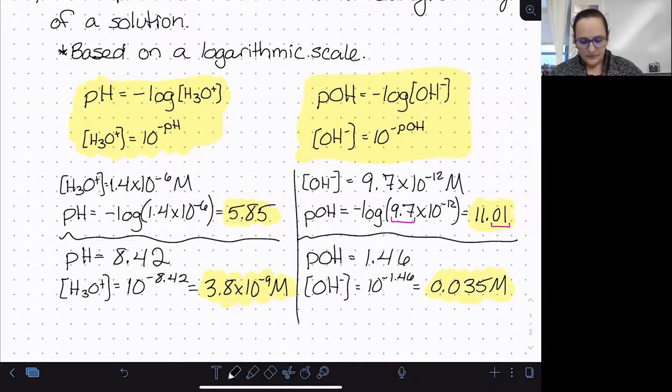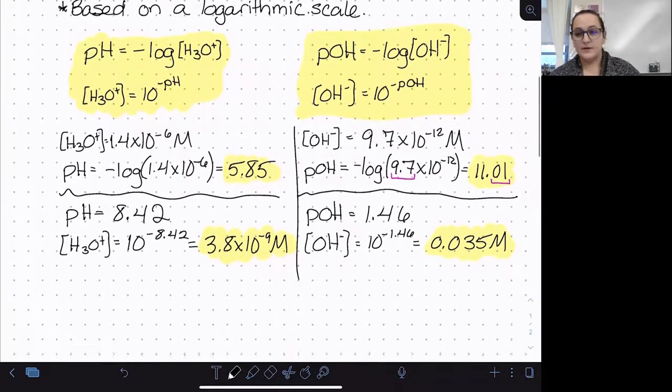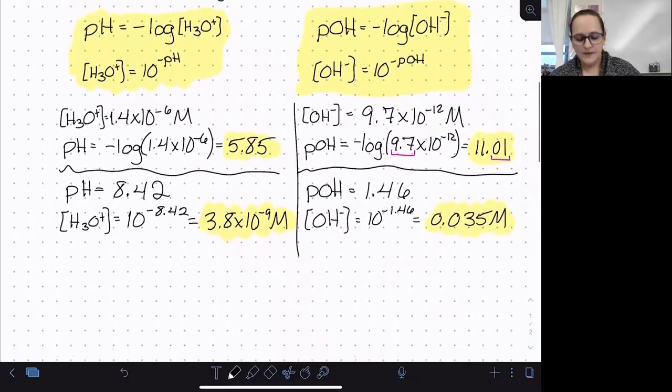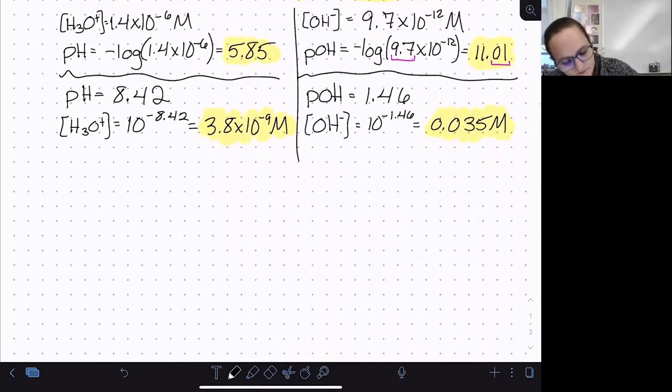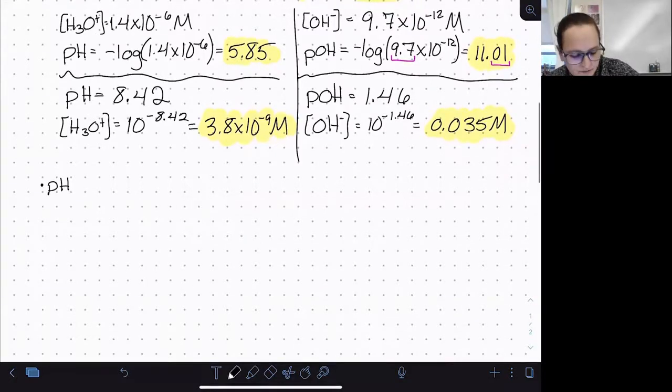So what pH and pOH are measuring is how acidic or basic a solution is. So you probably know some things about the pH scale. And most of them are kind of the same but backwards for pOH.